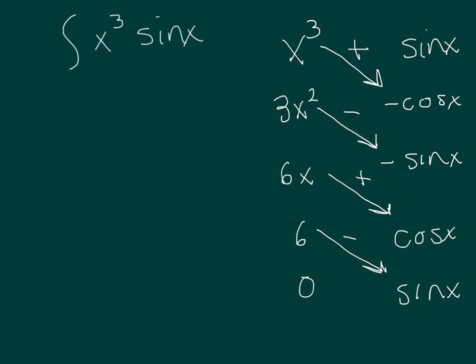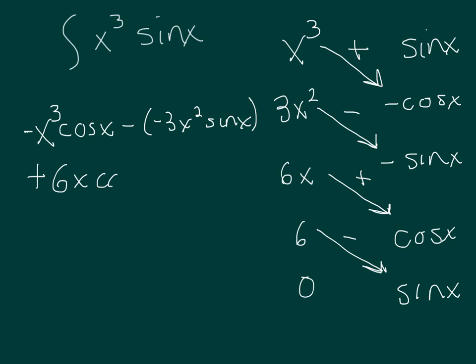Now we're just going to write out our answers, taking the first term from the left column, x cubed times negative cosine x is going to make my first term negative. And then I'm going to subtract negative 3x squared sine x, so that will end up being positive, plus 6x cosine x, and then minus 6 sine x plus c.